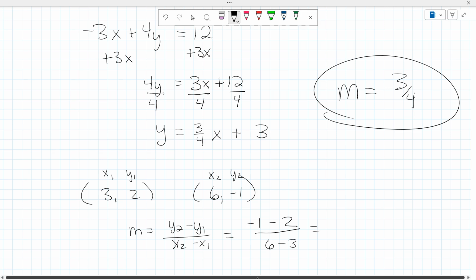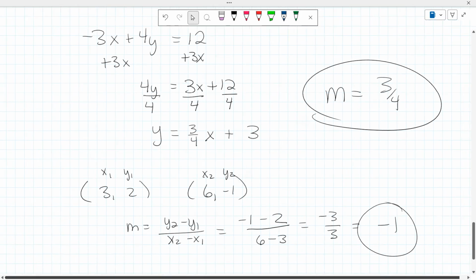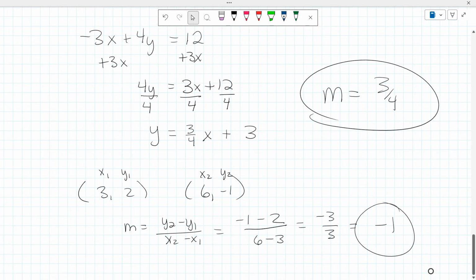So we get negative 3 over 3. What's negative 3 divided by 3? Not 0. Negative 1. Our slope is negative 1. So, these are the ways that you find slope.